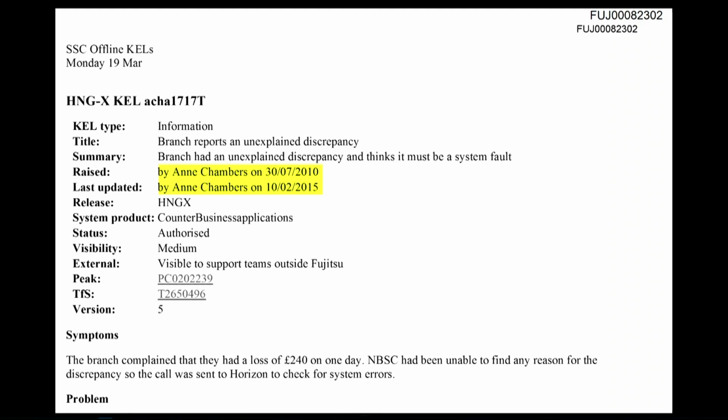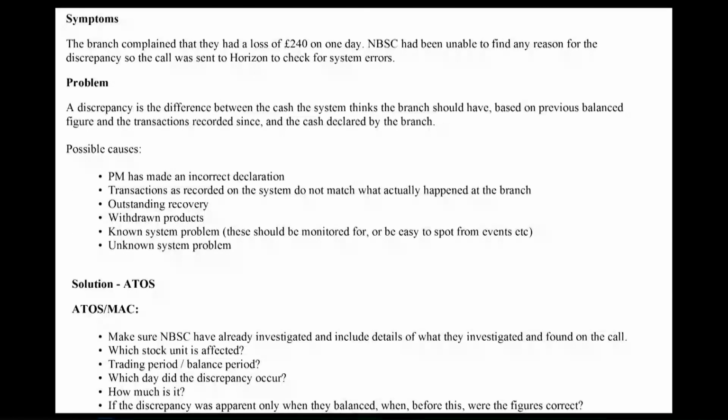We can see from the symptoms section of the KEL that the branch complained they had a loss of £240 on one day. MBSC had been unable to find any reason for the discrepancy, so the call was sent to Horizon to check for system errors. And then scrolling down, problem: you say a discrepancy is the difference between the cash the system thinks the branch should have, based on previous balance figure and the transactions recorded since, and the cash declared by the branch.